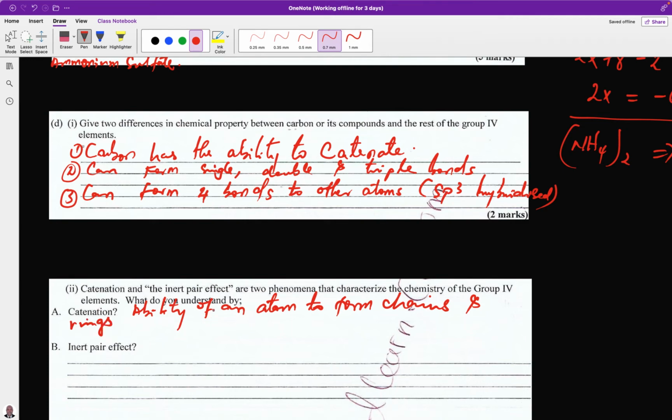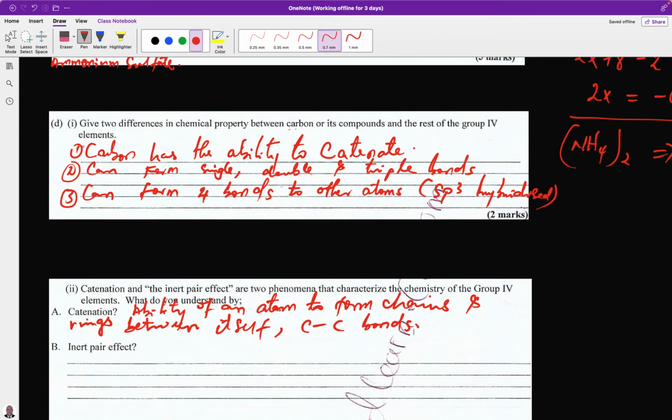For example, we are talking of this carbon-carbon ability to form bonds between itself. So the ability of an atom to form chains and rings between itself is what we call catenation.